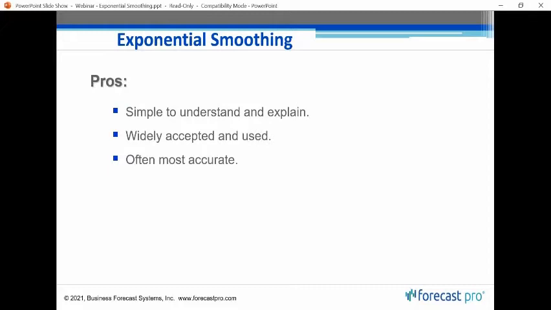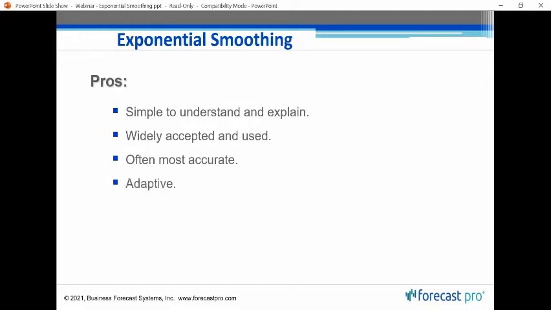But exponential smoothing has often been compared to other methods in terms of accuracy and has fared pretty well. There's also many companies have undertaken their own analysis on what methods work best for their data. And anecdotally, I've certainly come across different companies that have compared different approaches to forecasting and come to the conclusion that exponential smoothing is often a good choice for their data.